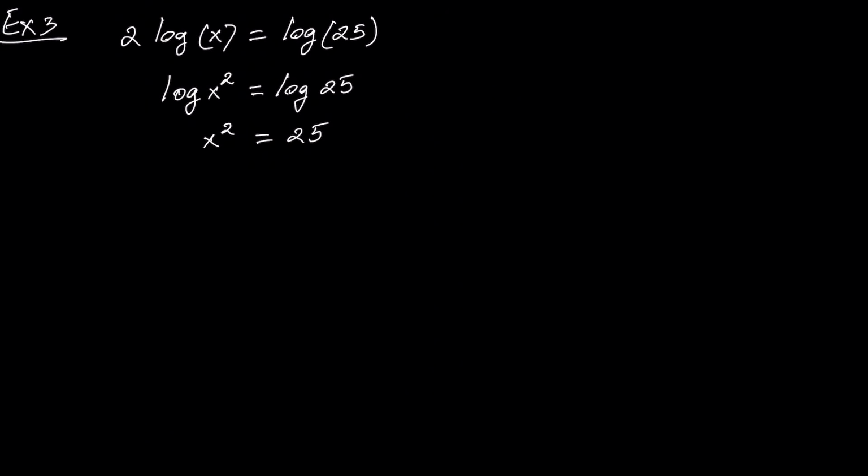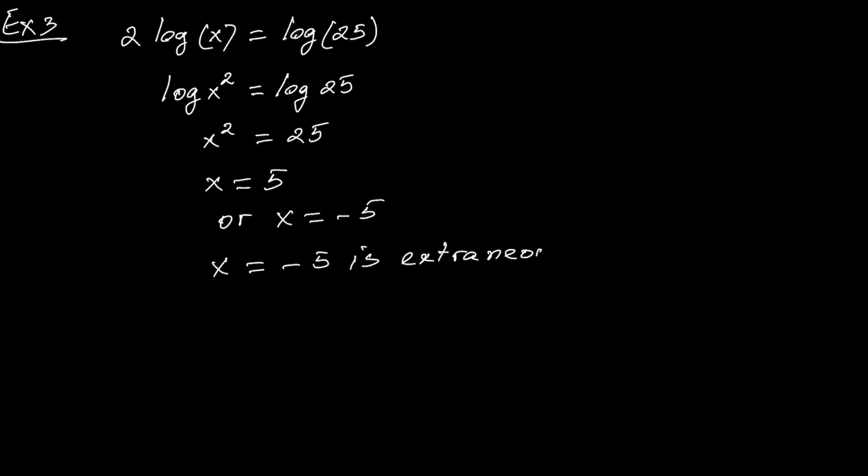Take the square root of both sides, x equals 5 or x equals negative 5. Now check the solutions. Logarithms cannot contain negative numbers. If x equals negative 5, the value inside the logarithm would be negative, so that solution is extraneous. The correct solution is x equals 5.